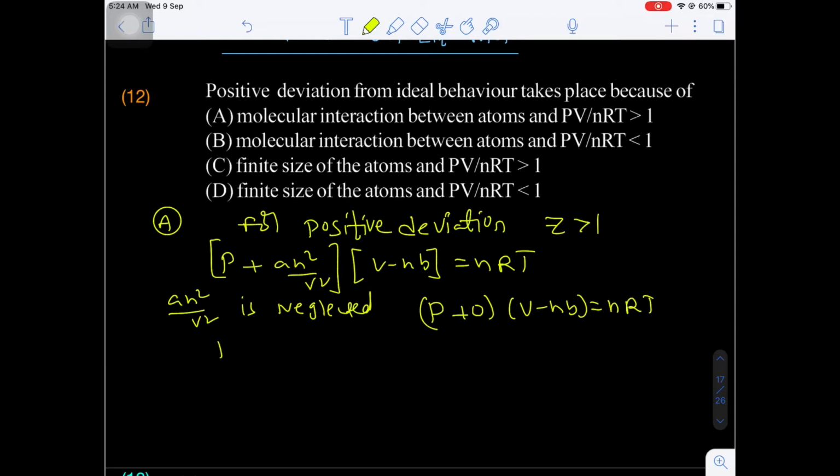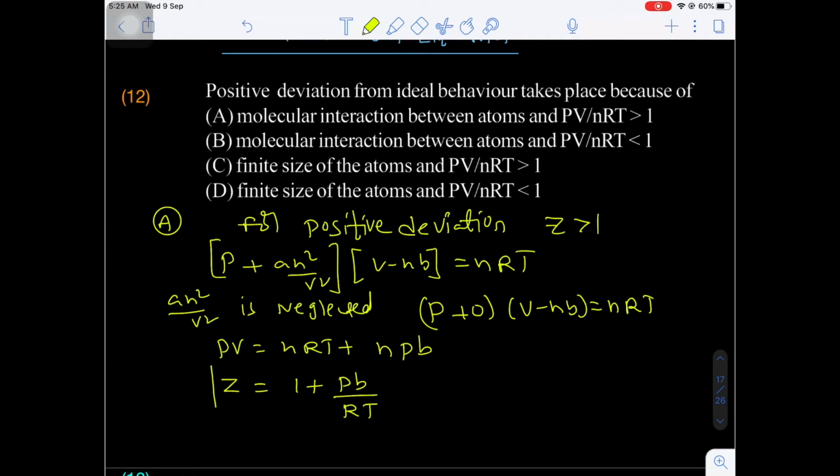So PV equals nRT plus nPb, the minus nPb going to the right side. Dividing by nRT on both sides, you will get PV by nRT on the left side, that is the compressibility factor, equal to 1 plus Pb by RT.